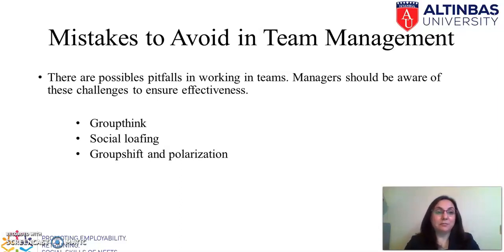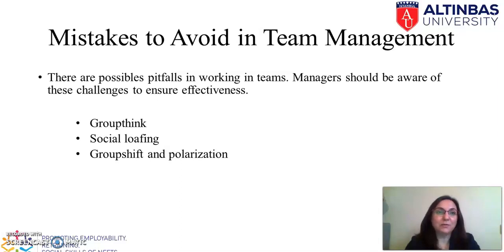Consider that you're in a team, and by being a member of a team, there may be some biases that you may experience, and if you are aware of such biases or such mistakes, then it's going to be easy for you to avoid these.